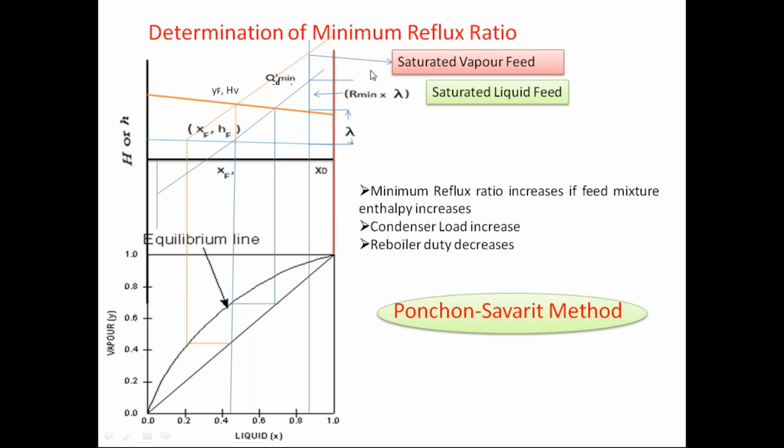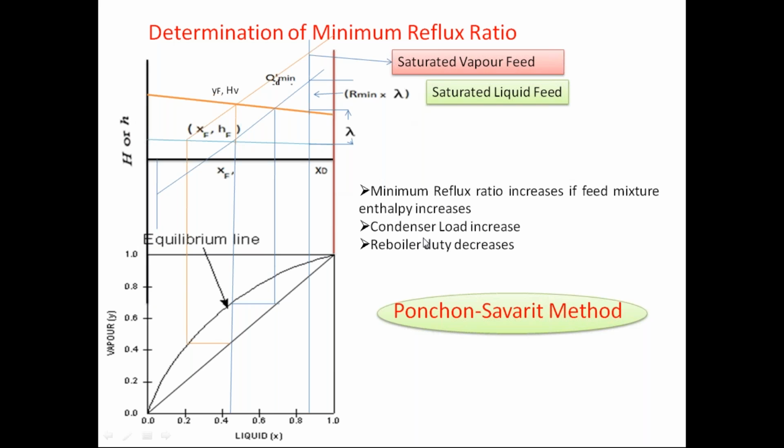So finally, what you can conclude out of these two slides which I explained now is that the minimum reflux ratio does depend on the type of the feed, and also the XF value, and then the product purity. So these three are variables on which the minimum reflux ratio does depend.